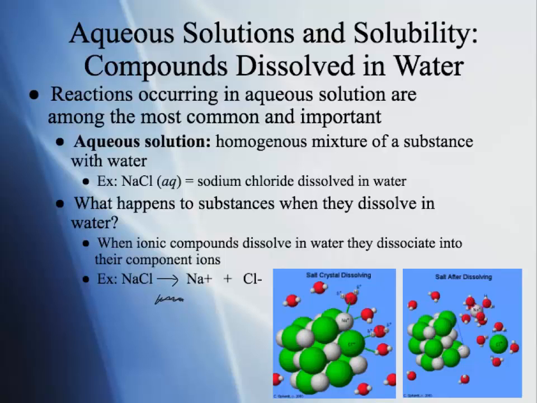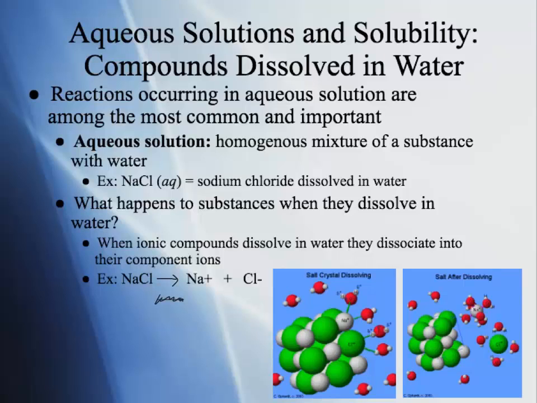Okay, so in water, the H2O molecule also has positive and negative charges in its molecule, and so they're going to tear the sodium and the chlorine from each other, and that's what we call dissociation.